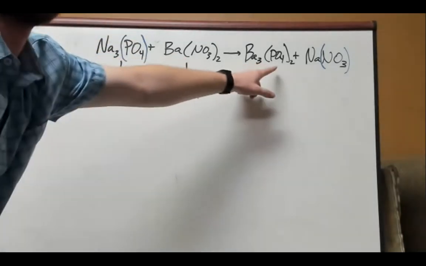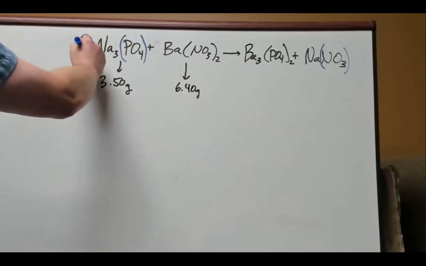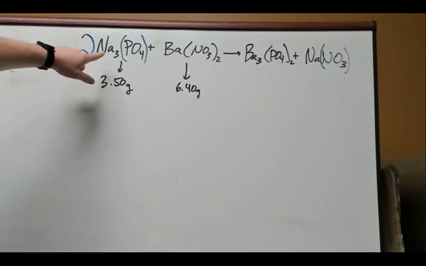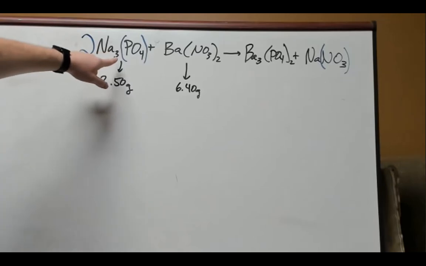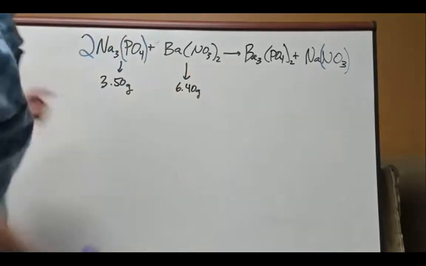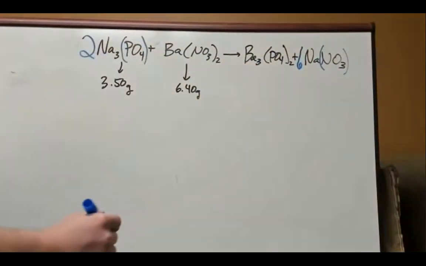We have 2 phosphates over here and 1 phosphate over here. To balance that, we need to put a 2 out in front. With a 2 in front, we now have 6 sodiums, because 2 times the 3 here is 6. We only have 1 over here, so I'm going to put a 6 right there.